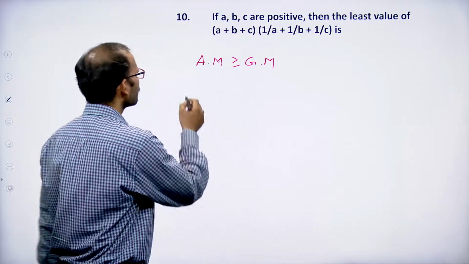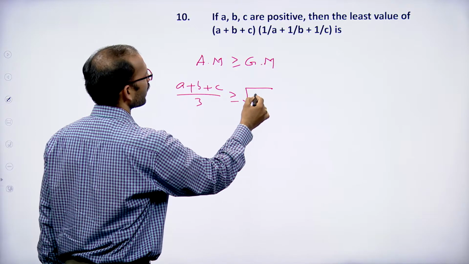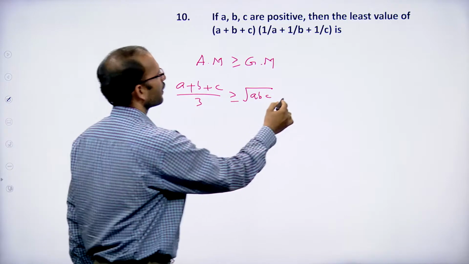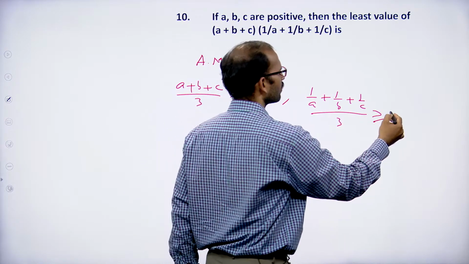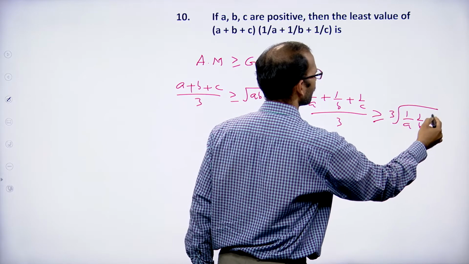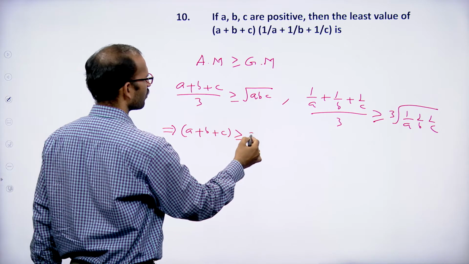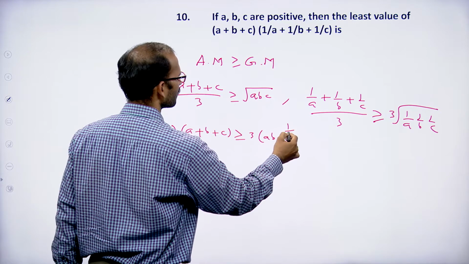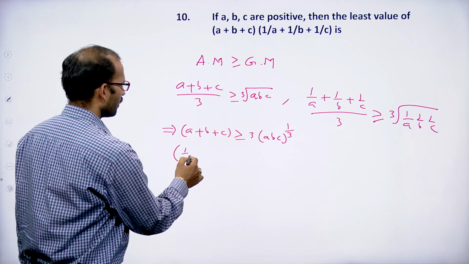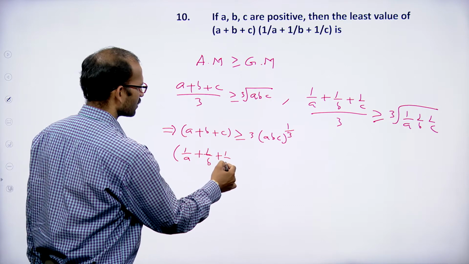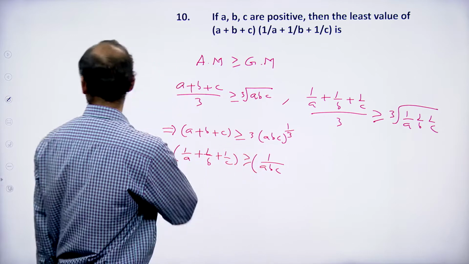So the arithmetic mean of three numbers, (a plus b plus c) by 3, is greater than or equal to cube root of abc. Similarly, (1 by a plus 1 by b plus 1 by c) by 3 is greater than or equal to cube root of 1 by a, 1 by b, 1 by c.